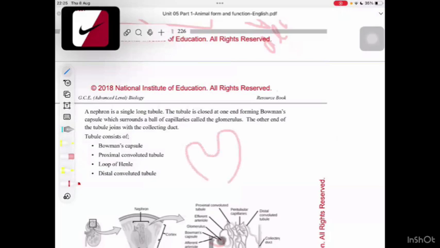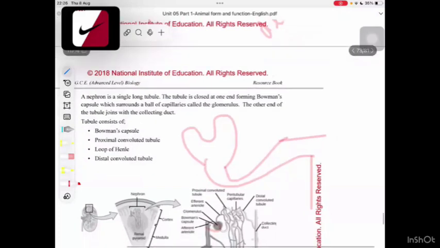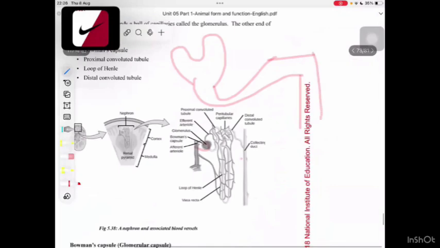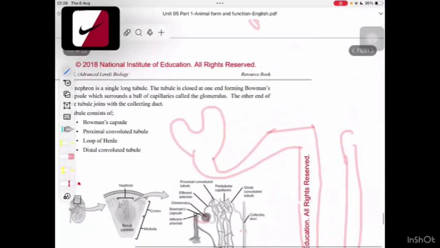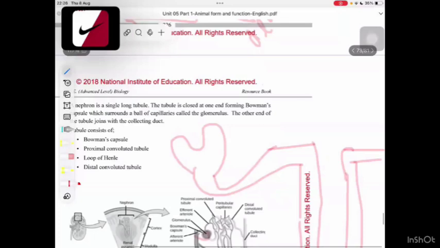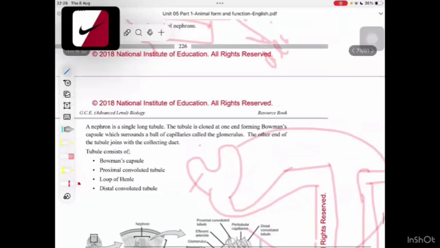Now this is the Bowman's capsule, and here comes the PCT. And then here comes the loop of Henle. And here comes the DCT. The collecting duct is not a part of the nephron. Right? So these are the parts of the nephron. That is it. Ball of capillaries, that means the glomerulus, is not included, and the collecting duct is not included.